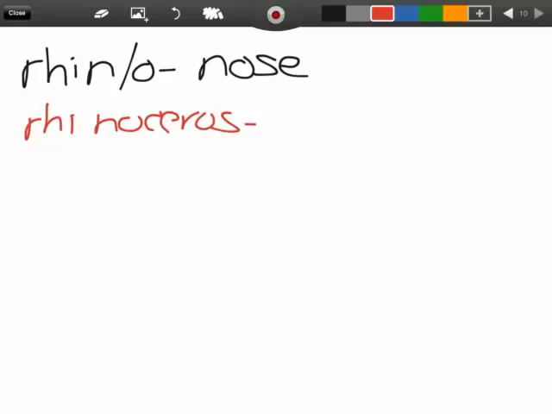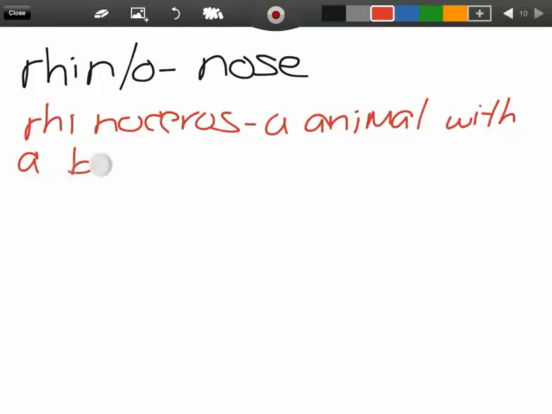And that means an animal with a big horn on its nose.